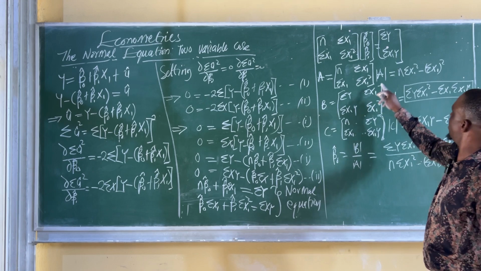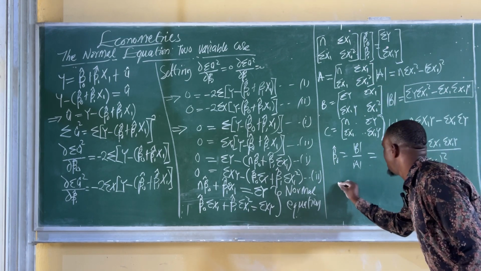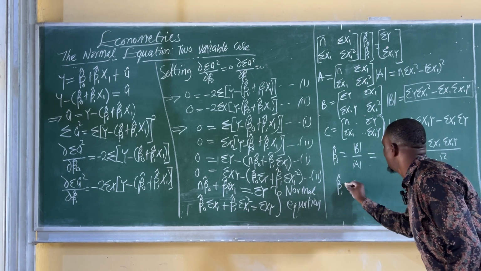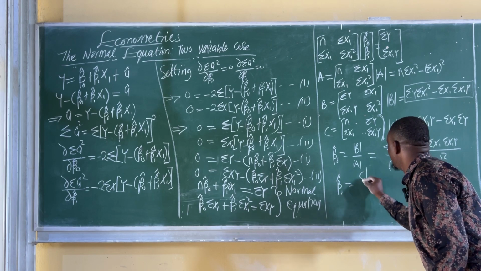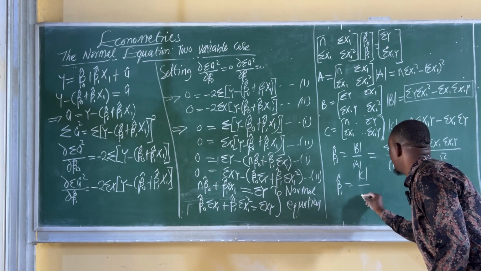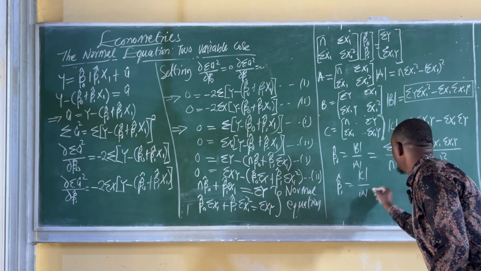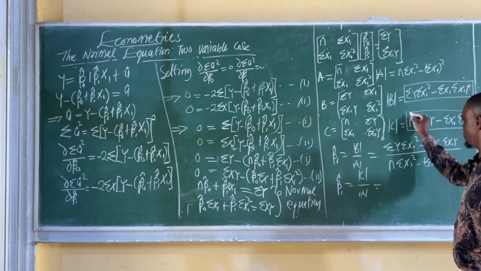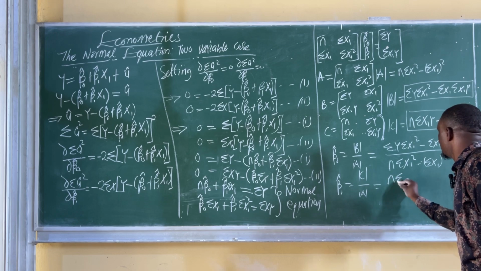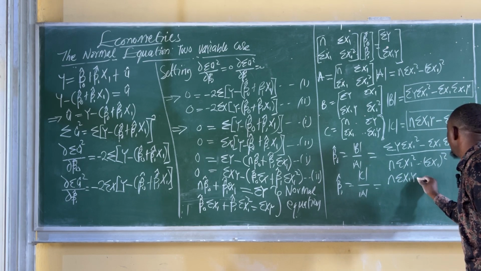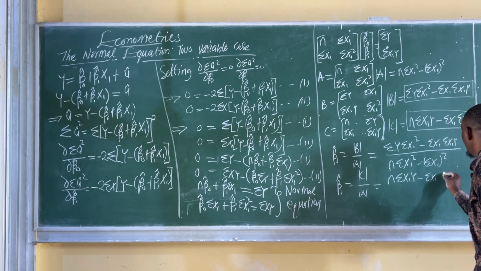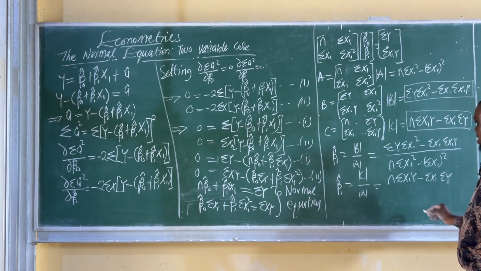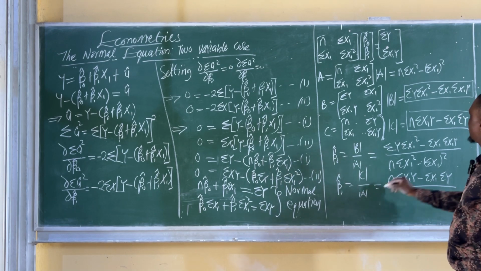Also, our beta 1 hat is equal to the determinant of C all over the determinant of A. And what's the determinant of C? This is our determinant of C, which is n summation x1 y minus summation x1 summation y, all over what is our A?